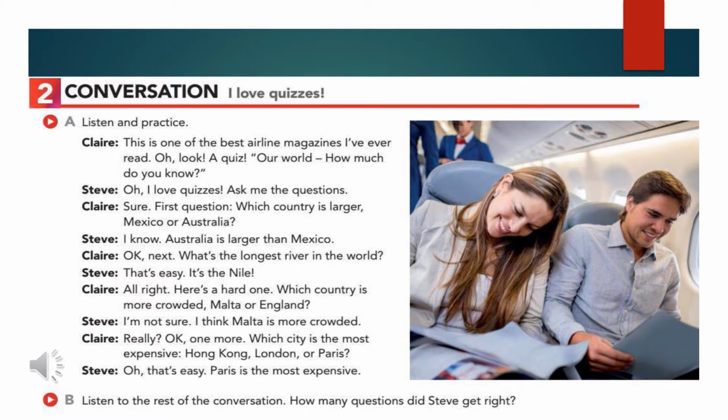Malta is more crowded than England. So I got it right? I remember hearing that Malta is the most crowded country in Europe. And finally, you said that Paris is the most expensive city. Yeah, and it is, right? Sorry, Steve. Actually, Hong Kong is the most expensive of the three. Really? Wow, I guess I didn't do so well. 2 right, but 2 wrong. No, come on. You did okay.